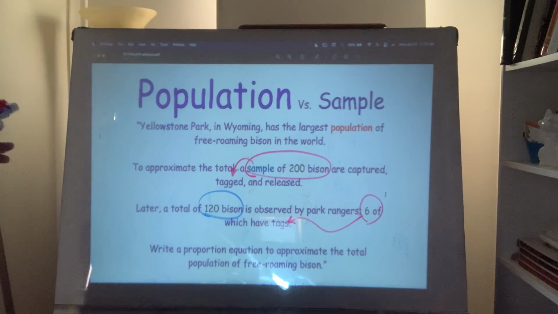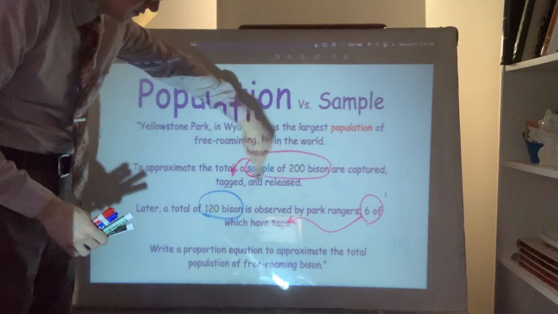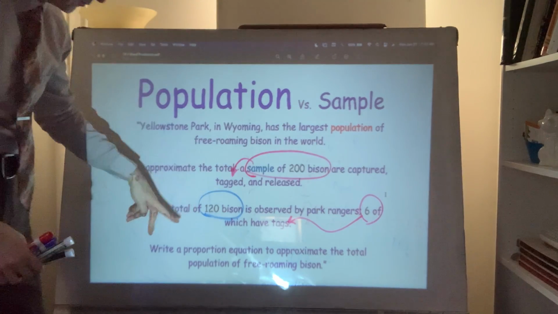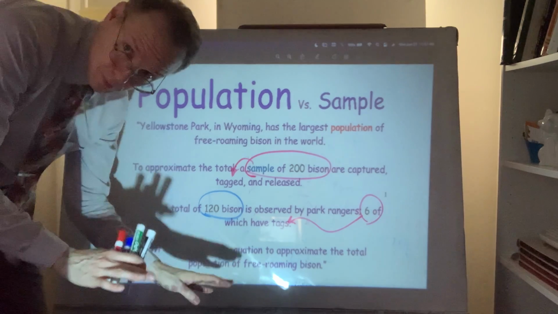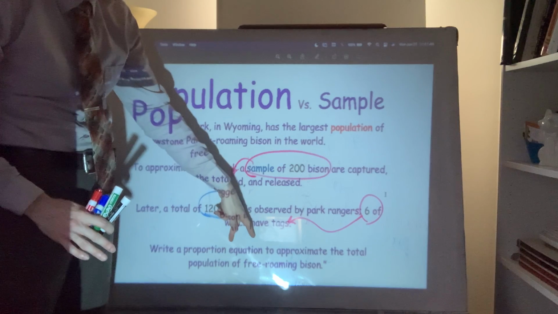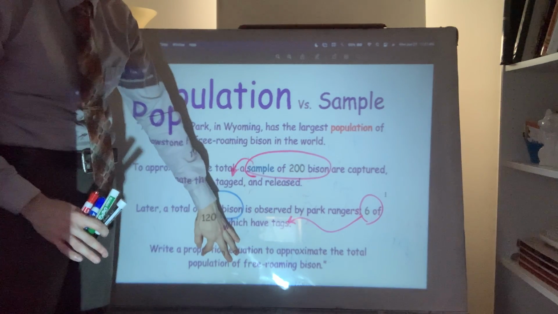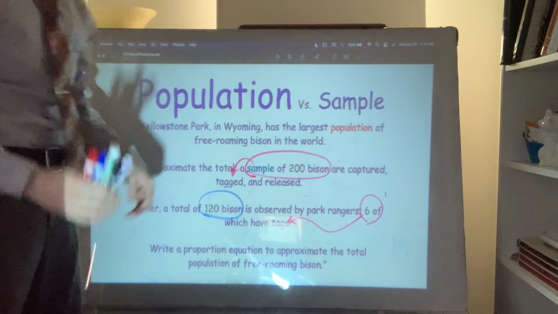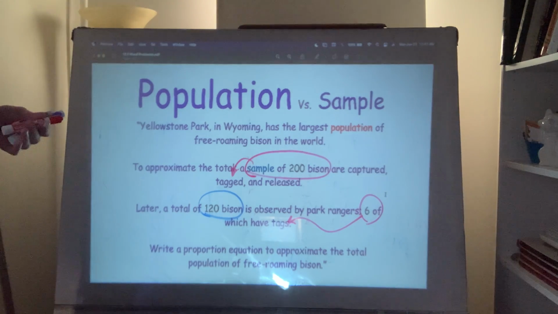So you have basically 3 figures to work with, which in theory should be proportionate. It makes it possible to write a proportion equation to approximate the total population without going up to every bison and counting them all individually.